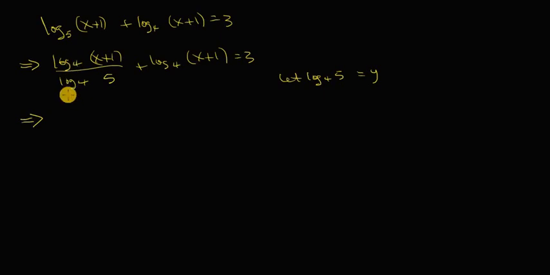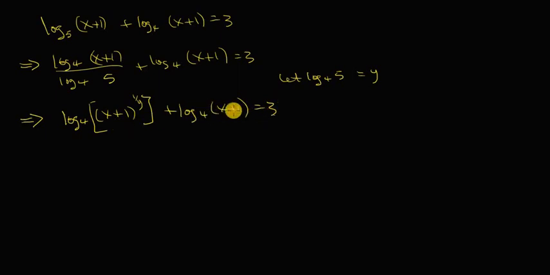So that's going to give me the same as last time. This is 1 over y. So I'm going to get log base 4 of x plus 1 to the power of 1 over y, and it's log of all of that, plus log base 4 of x plus 1 is equal to 3.